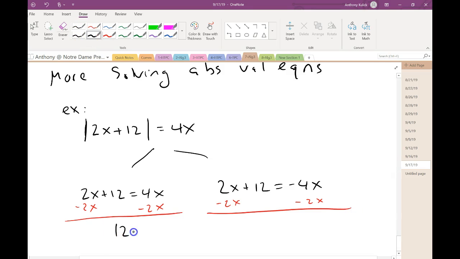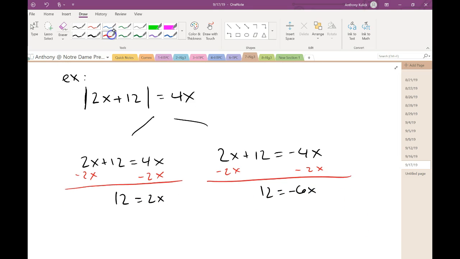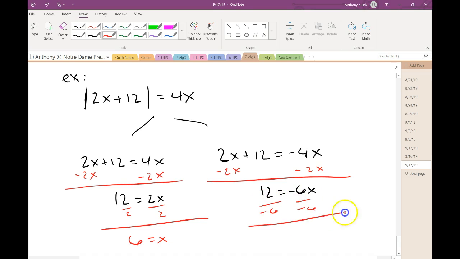So that's going to give me 12 equals 2x, and 12 equals negative 6x. And then I'll divide both sides by 2, and then divide both sides by negative 6.